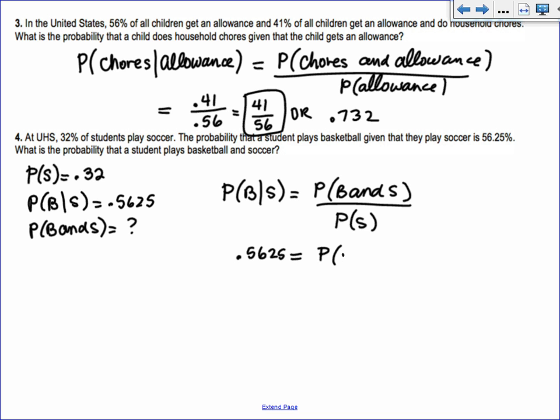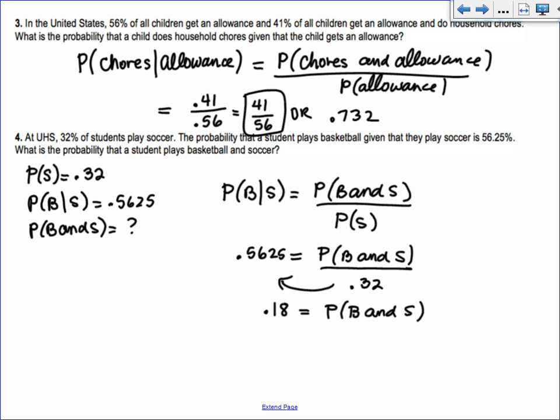We don't know the probability of basketball and soccer. You could write that as just X if you want, or you can write it out, divided by 0.32. So if I want the probability of basketball and soccer, I just multiply that 0.32 over. So 0.5625 times 0.32. So I get 0.18. So what does this mean in the problem?